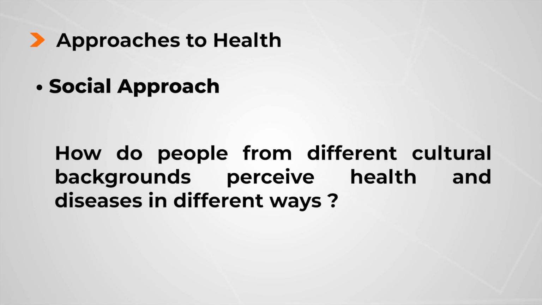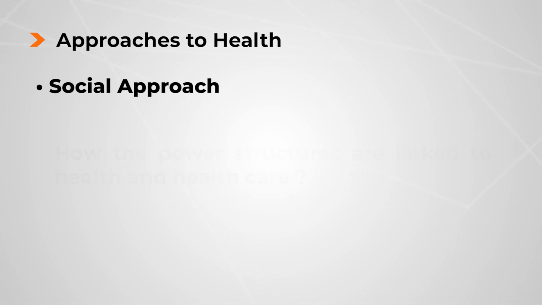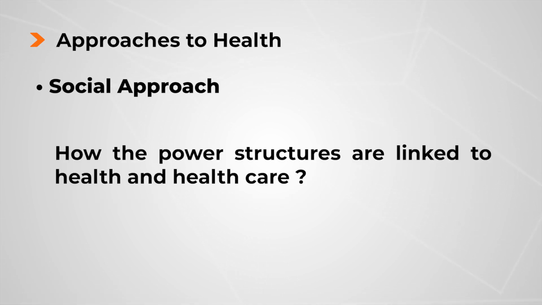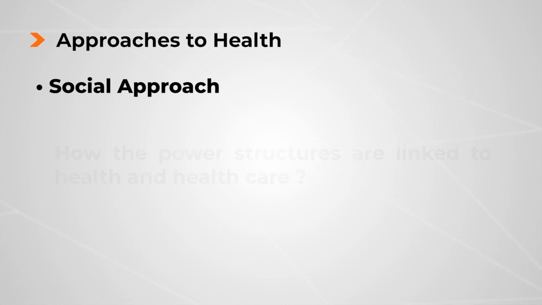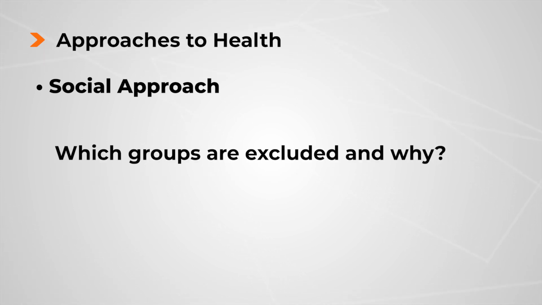It seeks to answer how people from different cultural backgrounds perceive health and disease in different ways, or how power structures are linked to health and healthcare. Which groups are excluded and why?